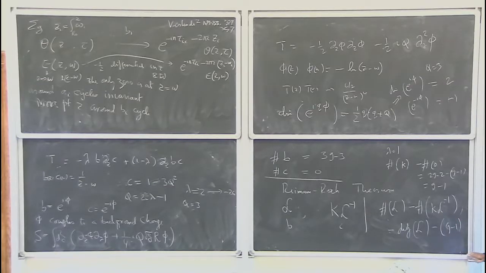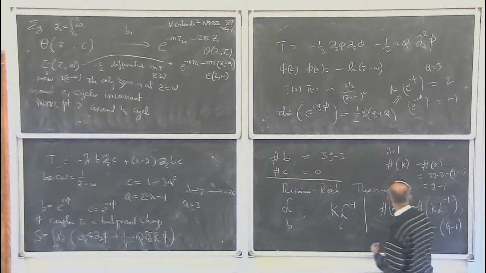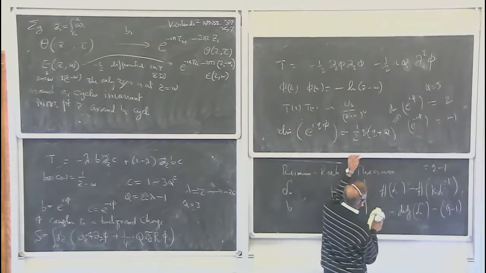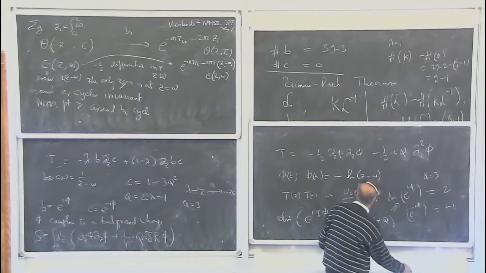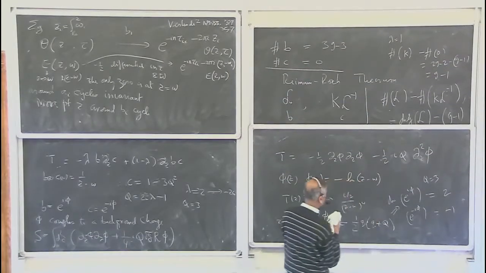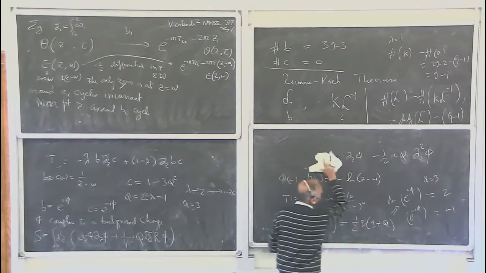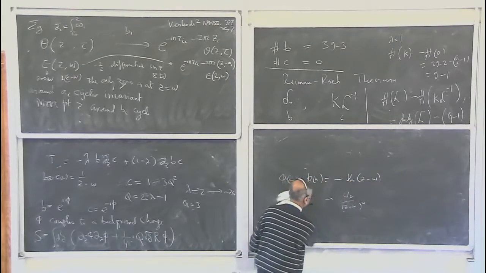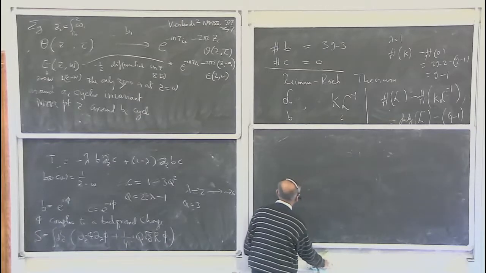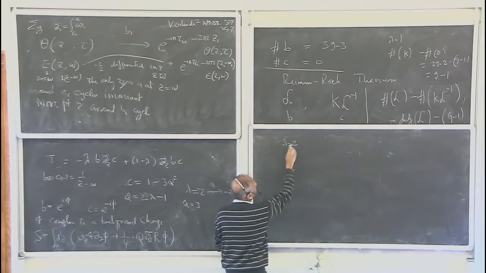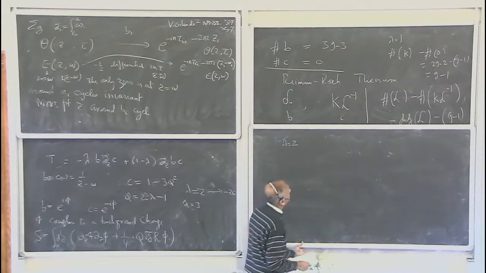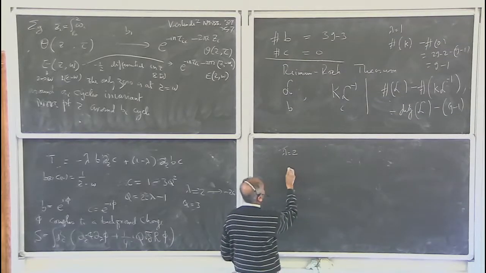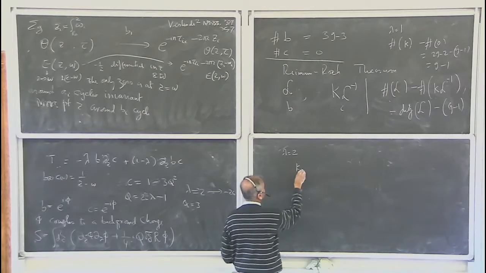Now, let's take lambda equal to 2. So we have K squared.